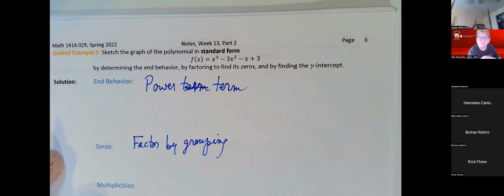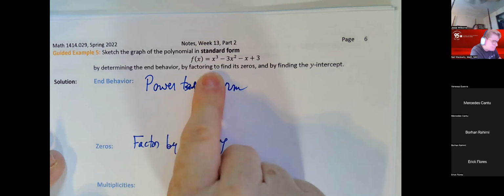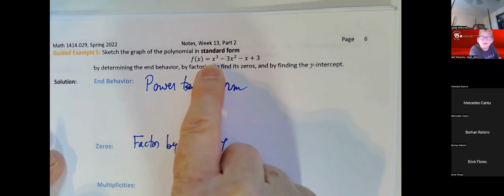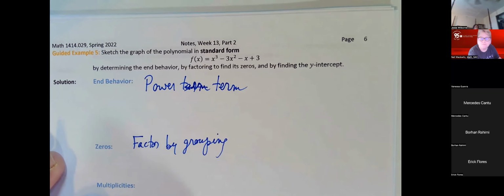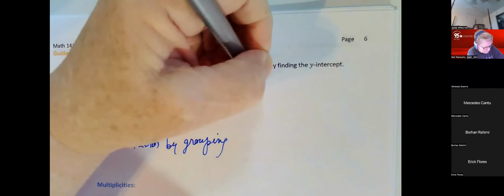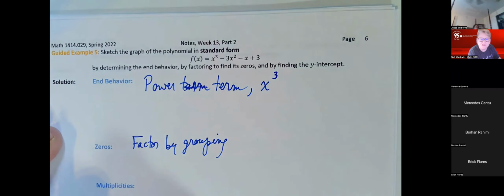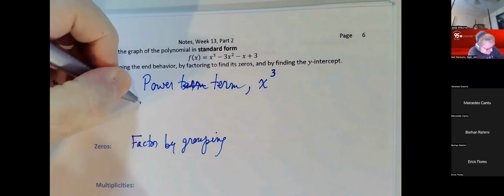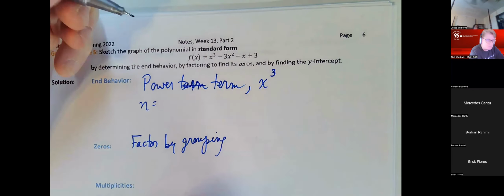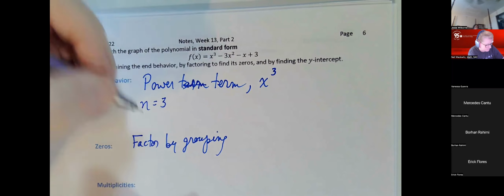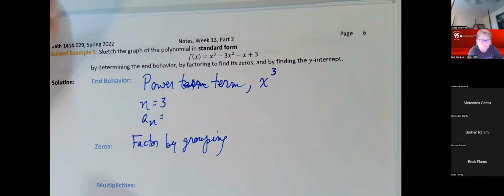This is standard form. So do we have to add things to find the power term? Nope. In standard form, it's just going to be the term that has the highest exponent on x. So it'll just be x cubed. So n is just that exponent. n is just going to be 3. What is a sub n?